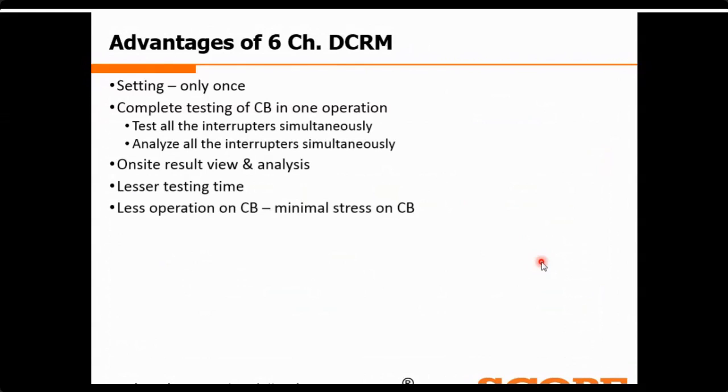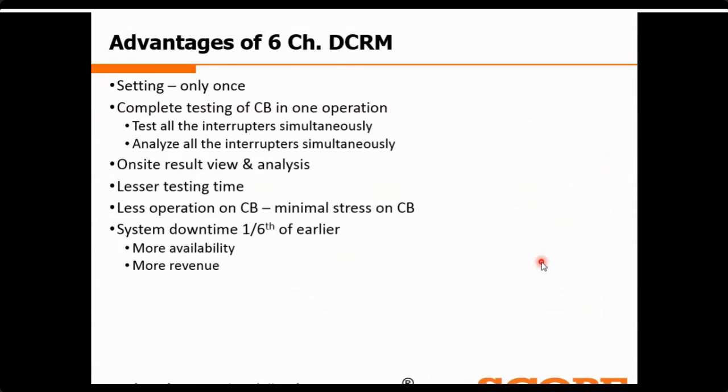With less operation on the circuit breaker, as I have already mentioned, the stress on the circuit breaker will be minimal and the system downtime will be 1/6 of the earlier. Earlier, the practice was that we were doing the DCRM on a single interrupter. After that, we would disconnect and connect the second interrupter. Like that, we were doing the DCRM earlier.